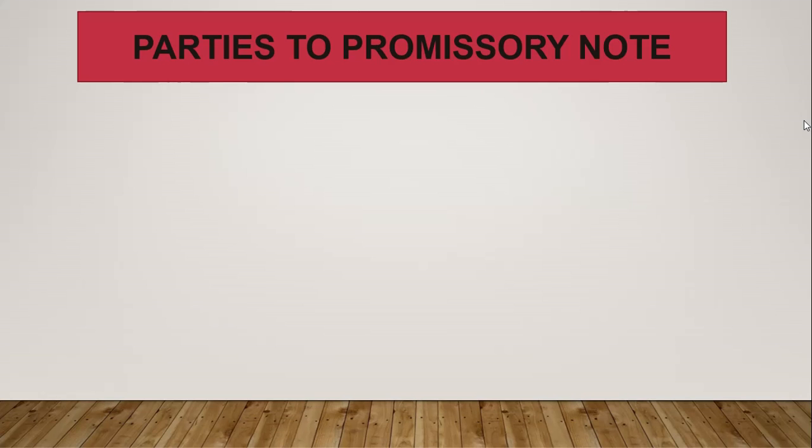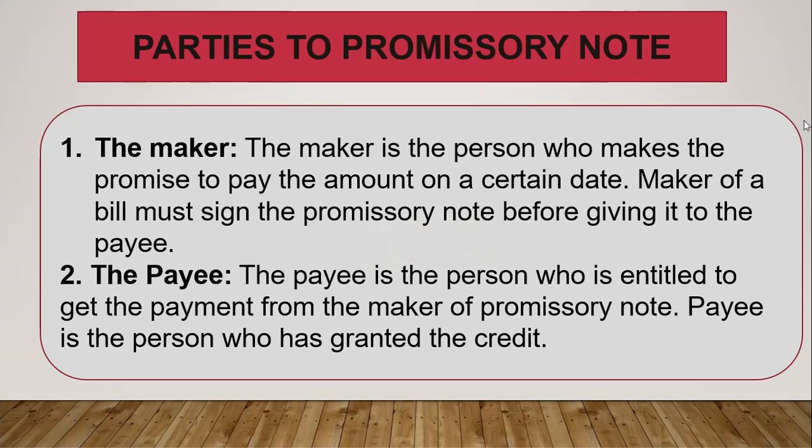Parties to a promissory note. There are only two parties to a promissory note: maker and payee. Maker is the person who makes the promise to pay the amount on a certain date. Payee is the person who is entitled to get the payment from the maker of promissory note.